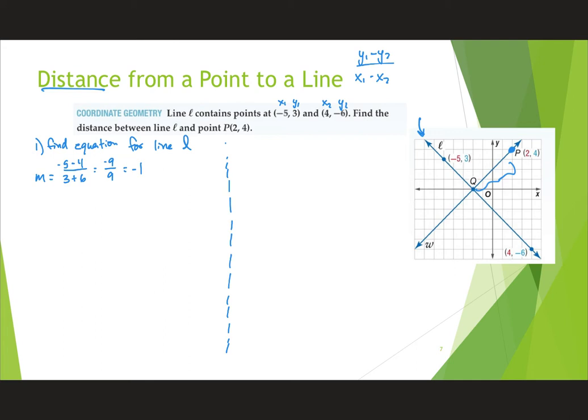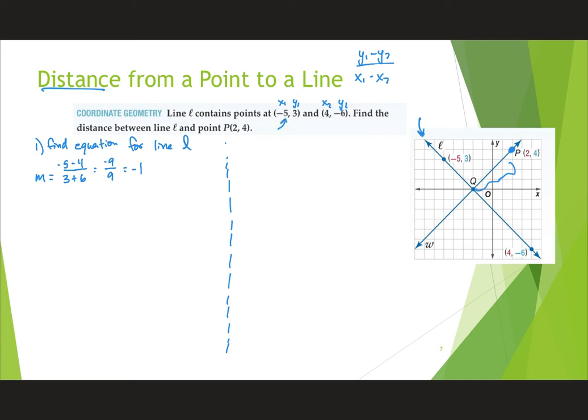Next, I need to find the equation for my line. Now, there's 2 ways you can do this. Number 1 is you can plug into slope-intercept form, or we can plug into point-slope form. And I'm going to use point-slope form because I have my slope and I have 2 points.